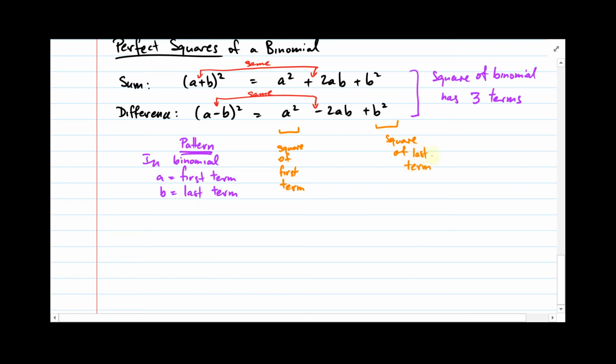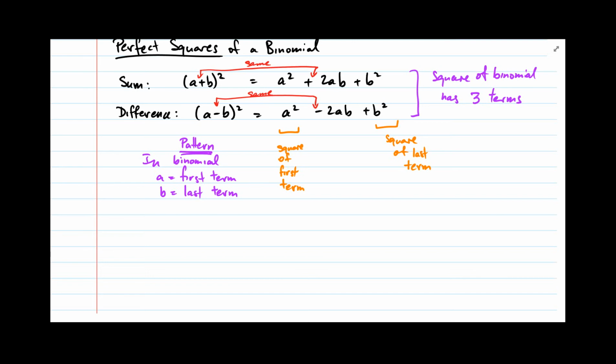And as I mentioned, it didn't matter if I have positive b and I square it, it's still positive b squared, or negative b, when squared, it is still positive b squared. So there should be no question regarding the sign of a squared term. The only question should be, for the middle term, what is the sign?